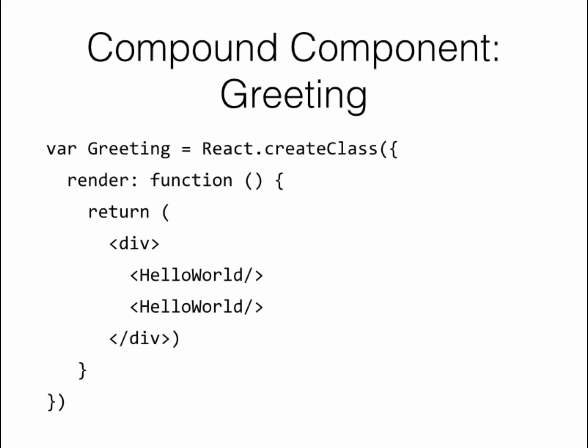It's very straightforward. You just again create a React class with a render method, and here we see the beauty of React. We have just created a hello world component in the previous stage, and we can reuse it. We can reuse it to build a higher order component, a compound component.